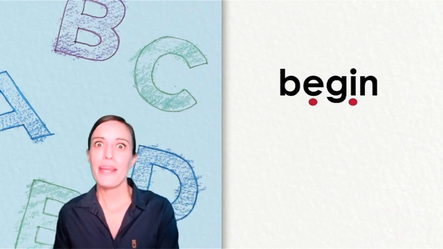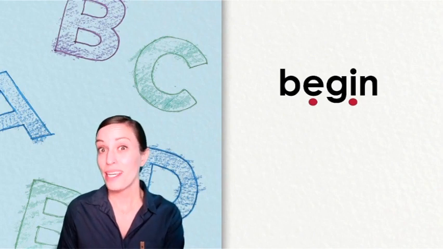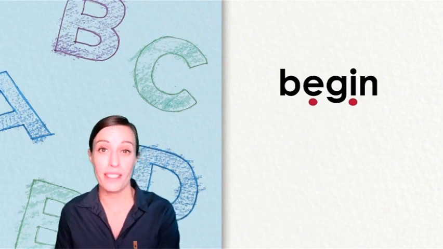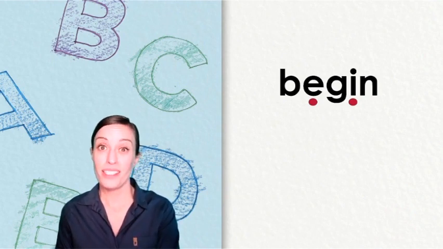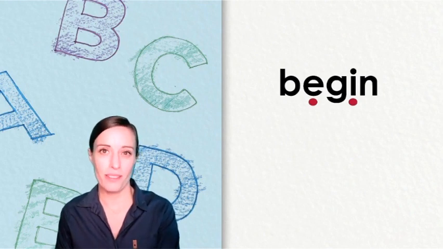The E makes a long vowel sound because it is part of an open syllable. And the second vowel, I, is part of a closed syllable, so it makes a short vowel sound.